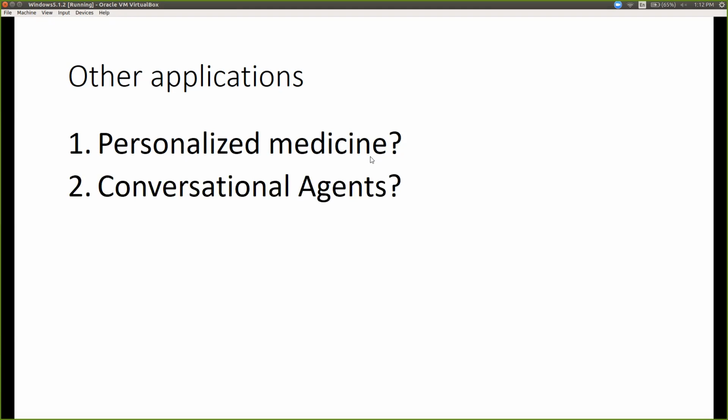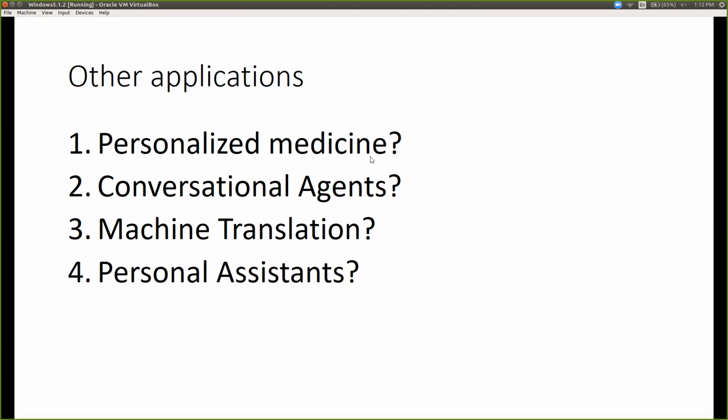Conversational agents is a big one. And I mean this both in the sense of something that you chat to, which isn't all that useful necessarily, and something that you talk to and it actually does something useful, which people are really working on hard. There's machine translation. Right now, I think machine translation is not really well solved. It's kind of useful if you try, but it's not nearly as smooth as you would hope for.